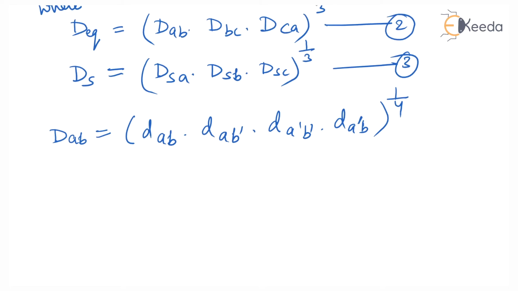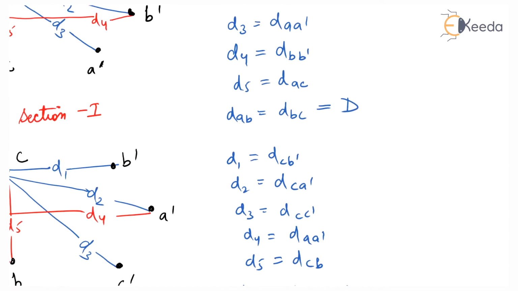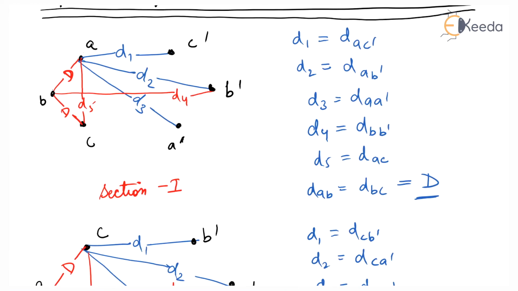Now put the value for DAB, DA to B dash, DA dash B dash and distance from A dash to B. So distance from A to B is equal to this capital D. Second, distance A to B dash is D2.